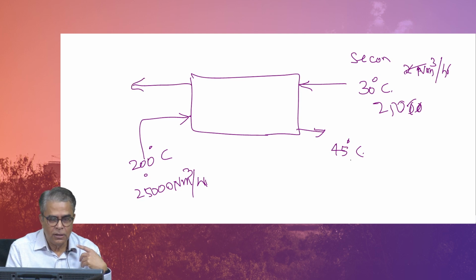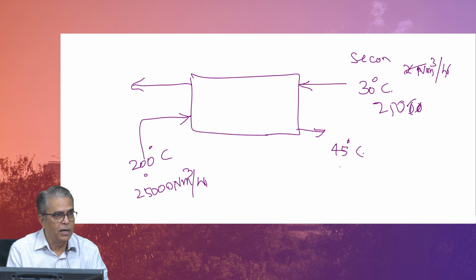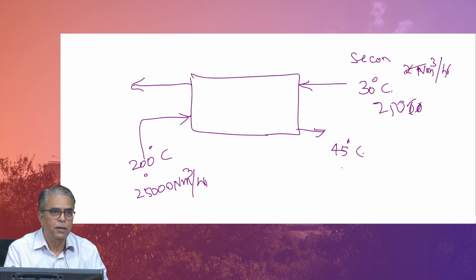If you do this mCp delta T, and the same m we have assumed for this case, actually knowing that m is less, but you will get some. So, roughly if this drops temperature by 155, this will gain by 155 if the mass is the same. Clear? Quick rough calculation.